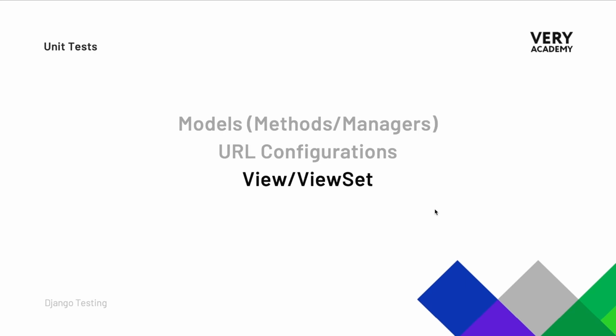Then we have views and view sets. A view set is essentially going to be a function or a class-based view, which is going to have inputs and outputs. So again, we could isolate those functions and check to make sure that they perform accordingly. And then last of all, we have serializers. We created a serializer, and you saw how we can customize that serializer.